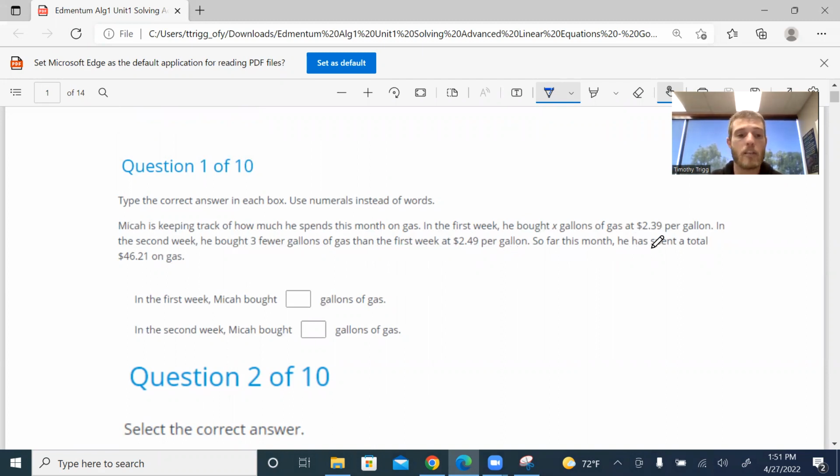So far this month, he has spent a total of $46.21. Now, when I'm reading these problems, the one thing I like to think about is, notice it says in total, right? So that tells me that's going to go on one side of the equal sign. So I'm just going to go ahead and throw that by itself on one side of the equal sign.